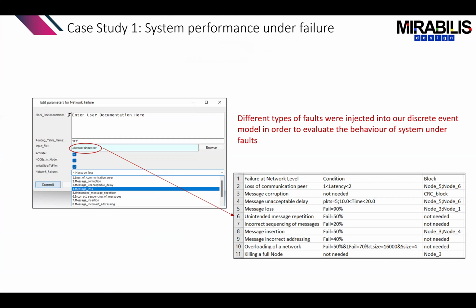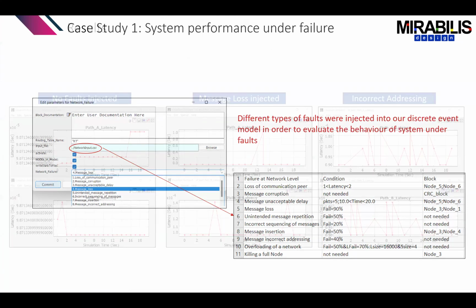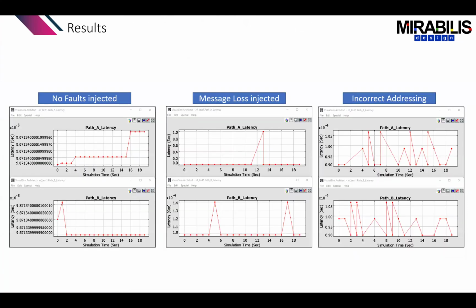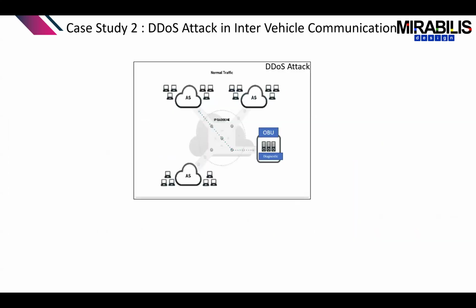So this is automatically provided to the model. And you can actually look at no faults versus when there's losses injected or incorrect addressing. You can see what the latencies are for each one of the paths. So it gives you an idea of how these types of faults will impact your overall system behavior.